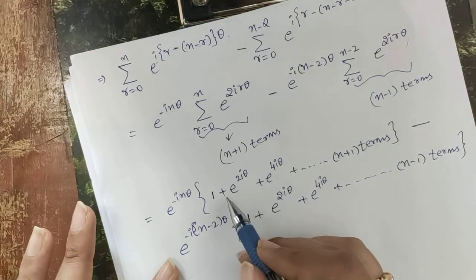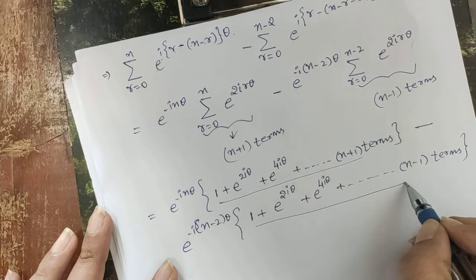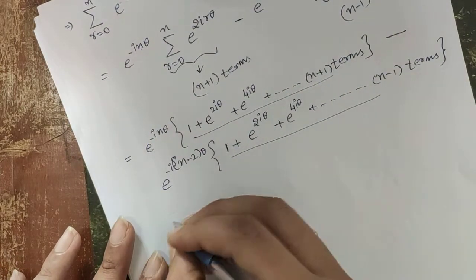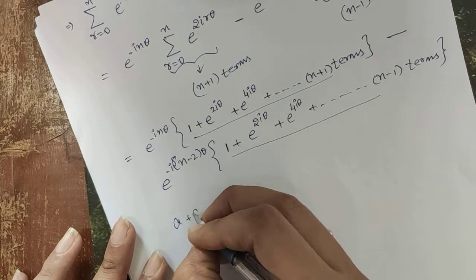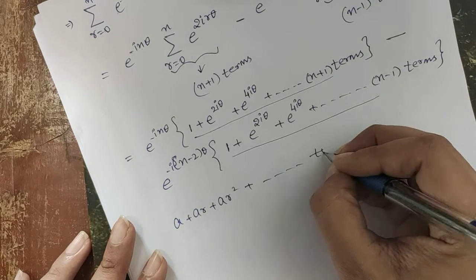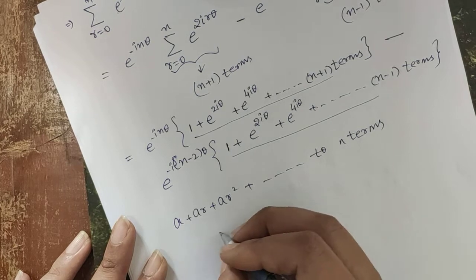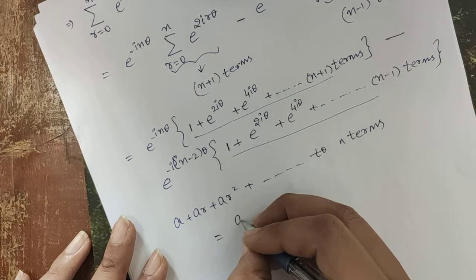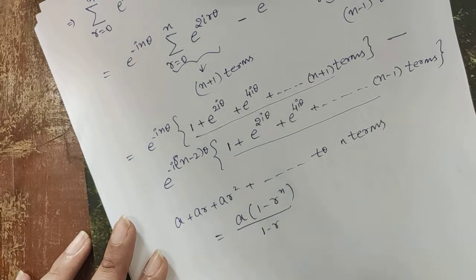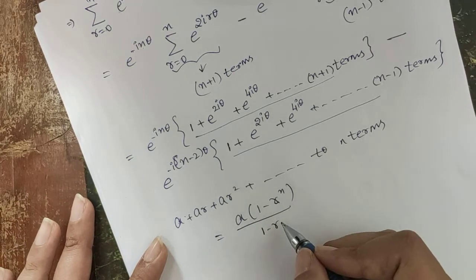Okay, so this is nothing but our geometric series till n plus 1 terms. This is my geometric series till n minus 1 terms. We know that from geometric series, a plus ar plus ar square plus so on to n terms, if I consider my series in this way, we can find the sum of the series as a into (1 minus r power n) divided by (1 minus r), where a is your first term, r is the common ratio. Right?